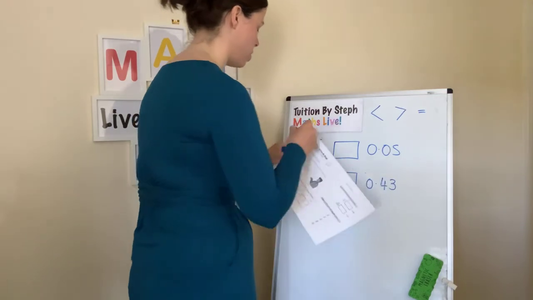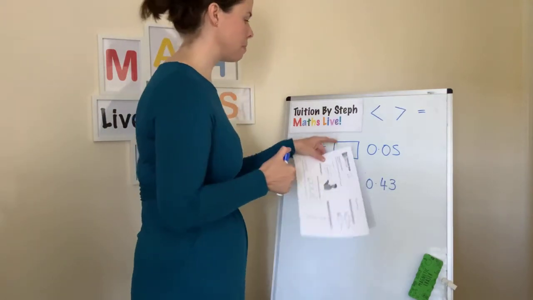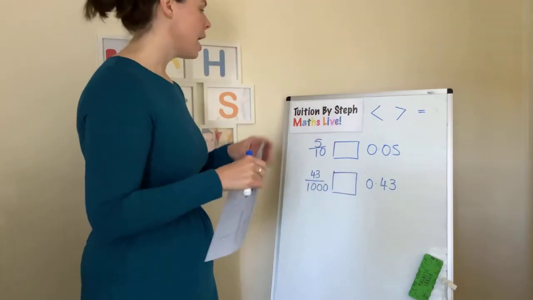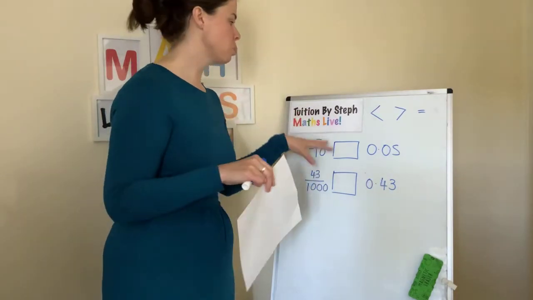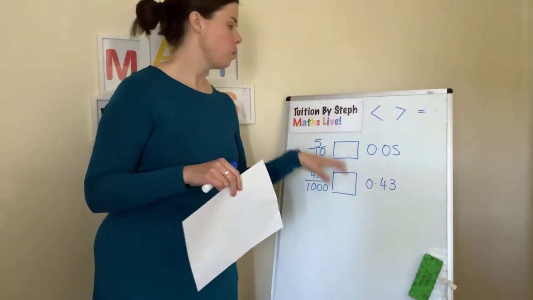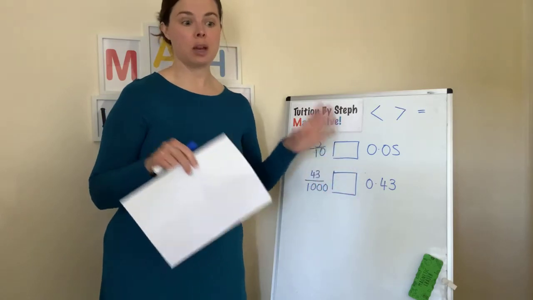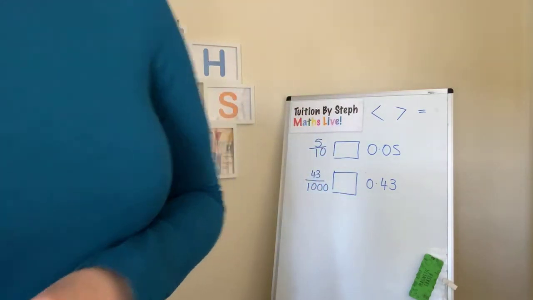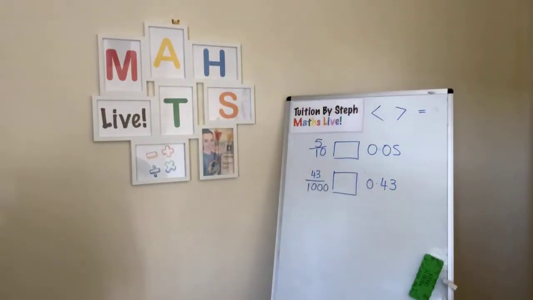So have a go at those. Which symbols are you going to put in which box? Obviously you're typing, so if you just want to tell me which one's bigger, which one's smaller, or if any of them are equal, you can do that. But if you do have the symbol, you can do it like that.